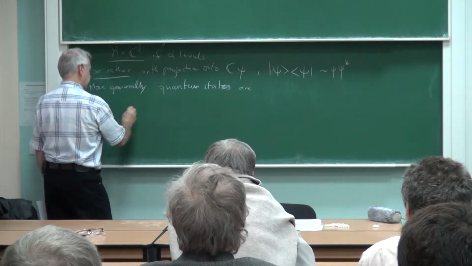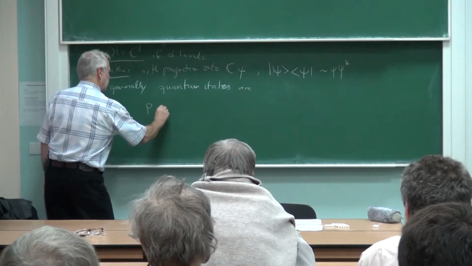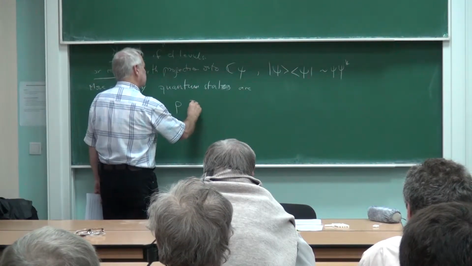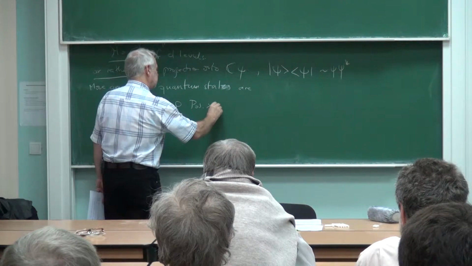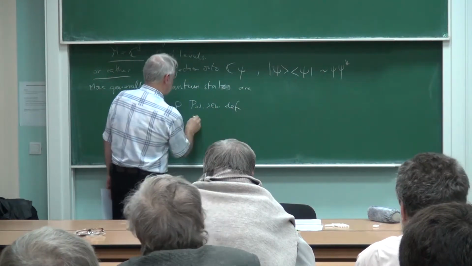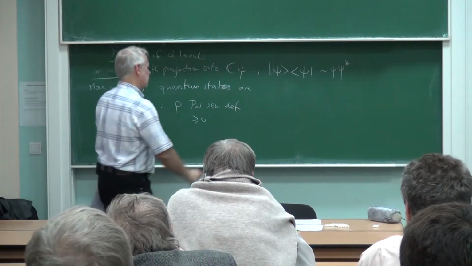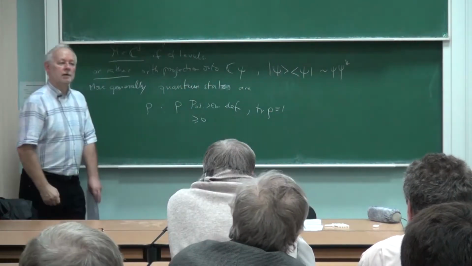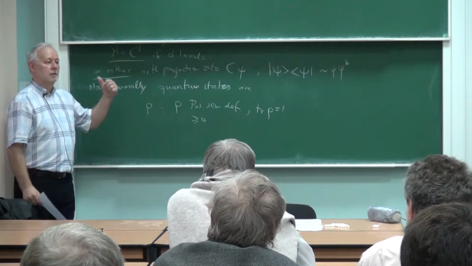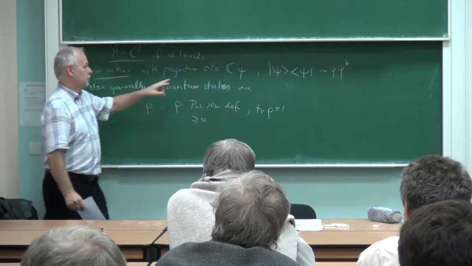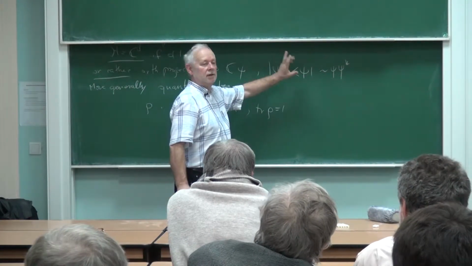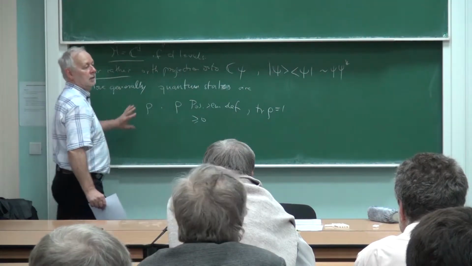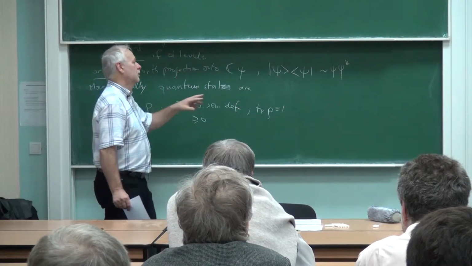Let's say rho such that rho is greater or equal than 0, which means positive semi-definite, which we write as greater or equal than 0 as a matrix, and the trace of rho is 1. So those are trace 1 positive semi-definite matrices, and of course each of these is like that, and every convex combination of these also is a quantum state. So those are mixtures, right?